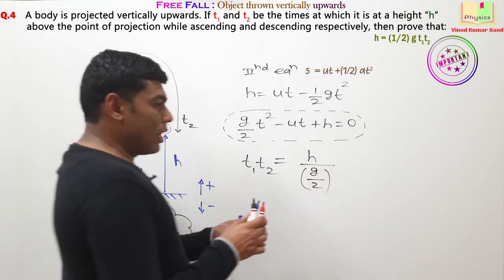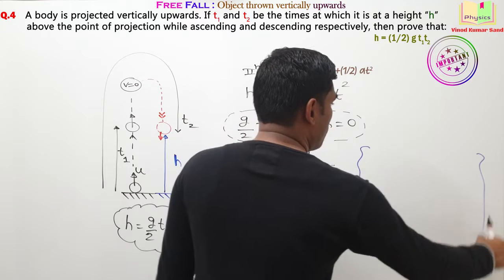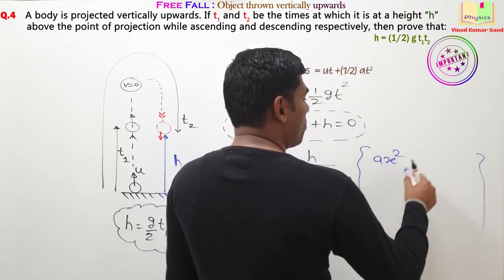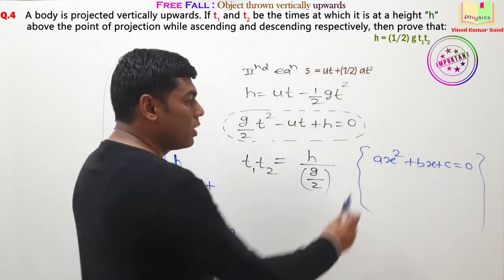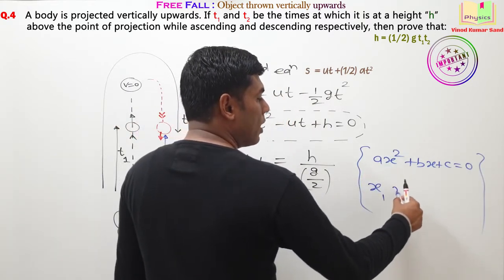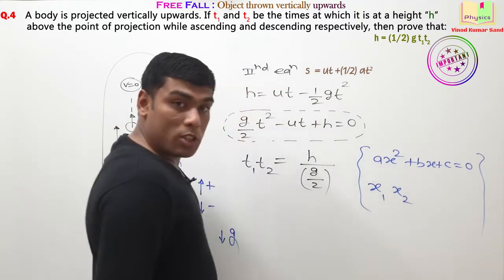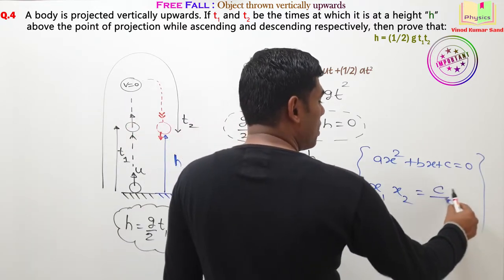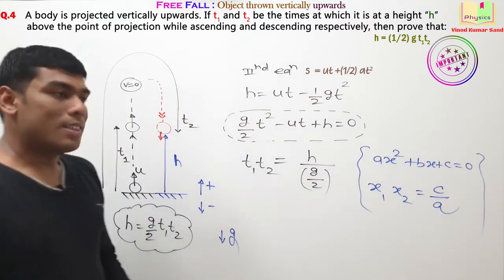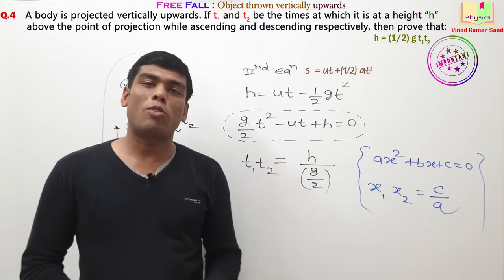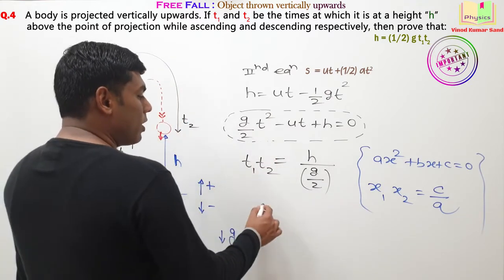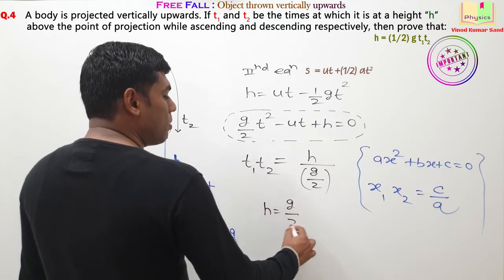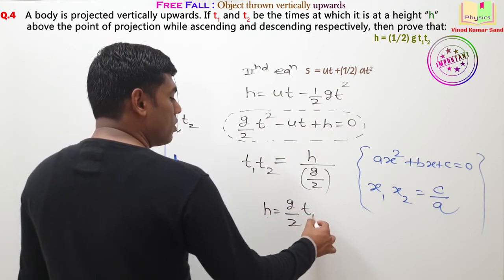Okay, I am writing that if you don't remember. If we have a quadratic equation like this, ax square plus bx plus c is equal to 0, and this has two roots x1 and x2, their multiplication will be equal to c by a. This lies in the video of the mathematical tools. You can check it there. So we got our answer, h is equal to g by 2 t1 t2.